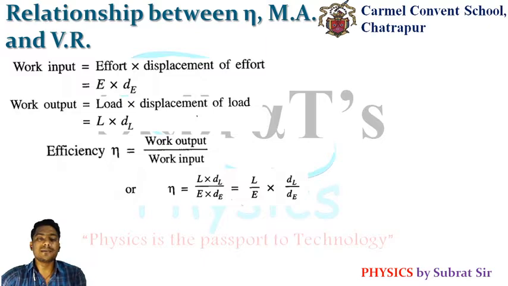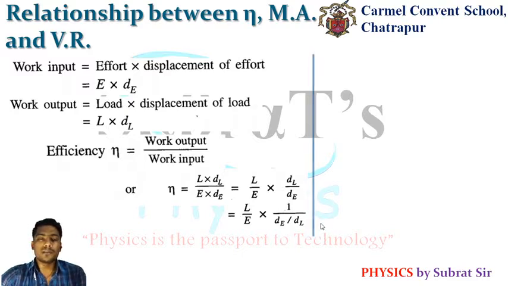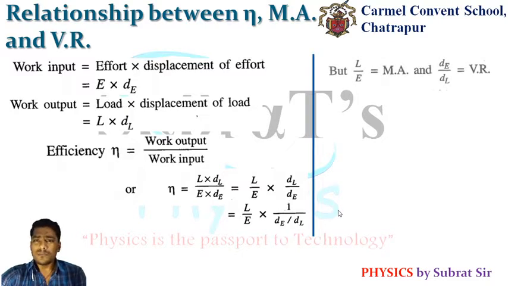Now we can write this as L dL divided by E dE, and we can separately write it as L by E multiplied by dL by dE. But taking this dL to the denominator, it will be 1 by dE by dL. Okay, but we know that L by E is mechanical advantage.